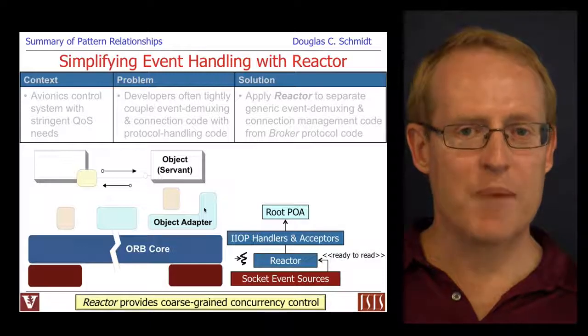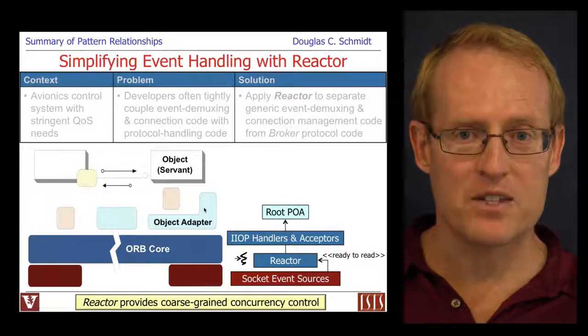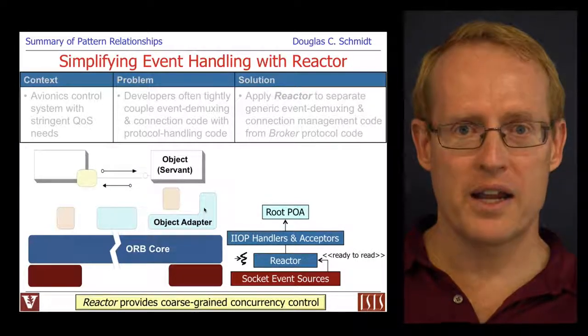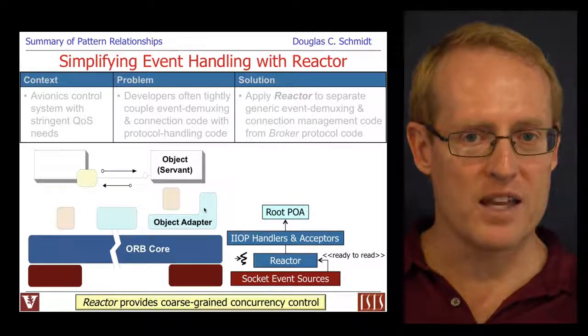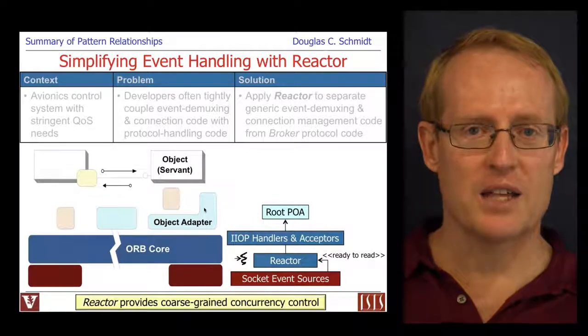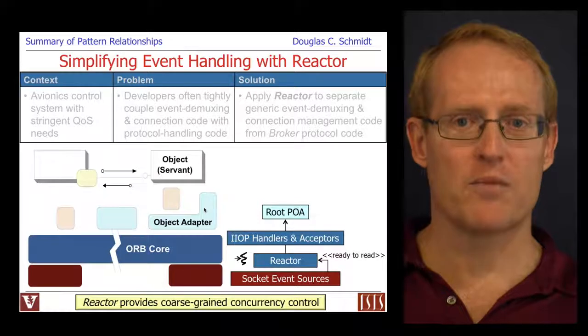And when something happens on one or more of those handles, from different sources of events corresponding to different client requests, then the reactor will return and invoke callback hook methods through other parts of the infrastructure to accept connections, read data from clients, and pass them up to higher level parts of the broker middleware.